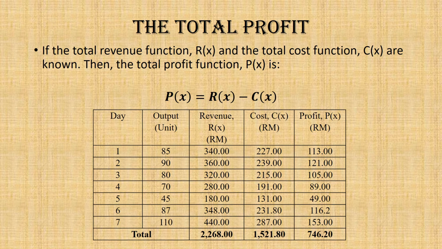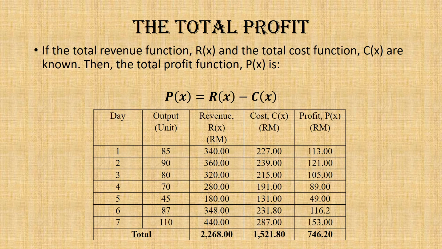Day 2, output 90: revenue 360 minus cost 239 equals profit 121. Day 3, output 80: revenue 320 minus cost 215, we get the profit 105.